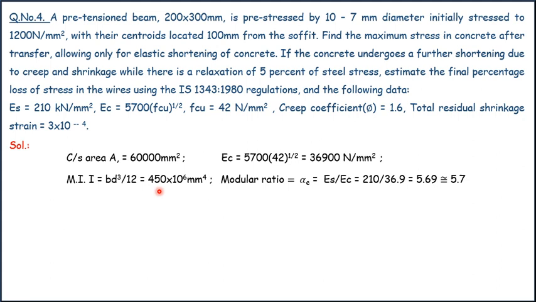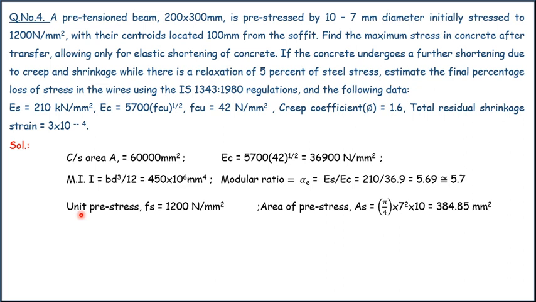Substituting 200 as B and 300 as D, we find moment of inertia I as 450 into 10 raised to 6 mm raised to 4. Modular ratio alpha e is equal to Es upon Ec, which is 210 divided by 36.9 is equal to 5.69, nearly about 5.7, which I have rounded off.